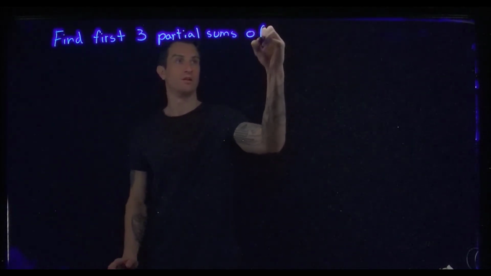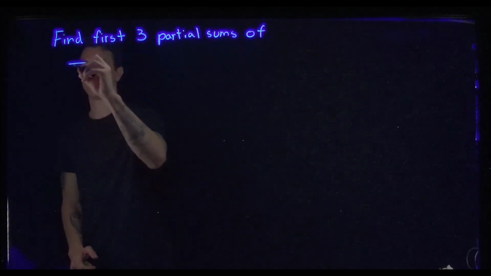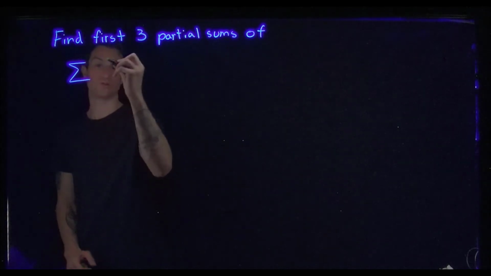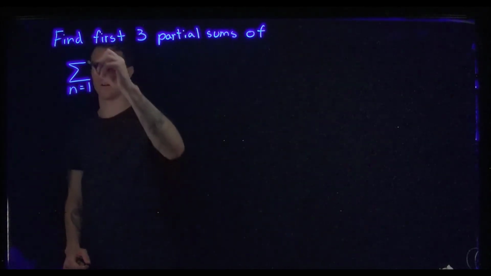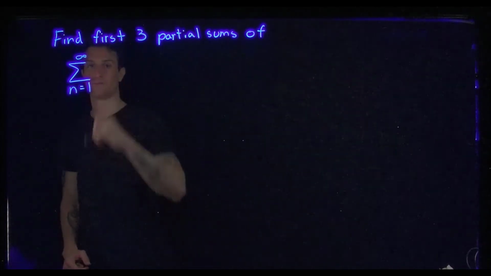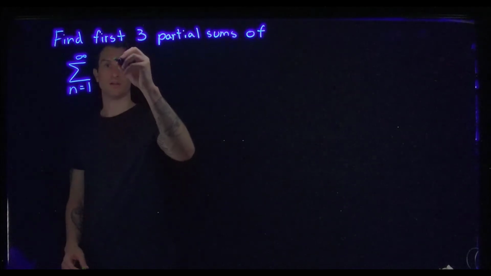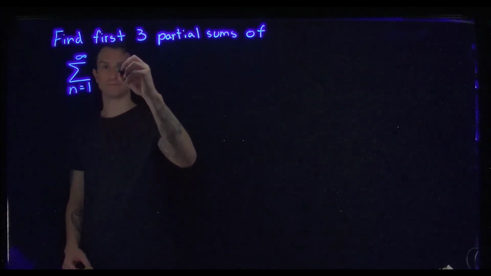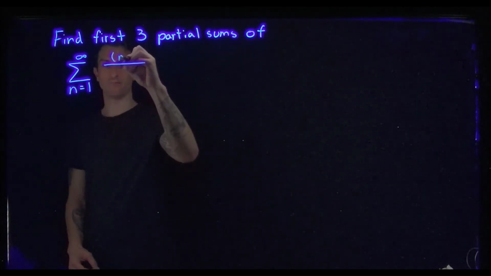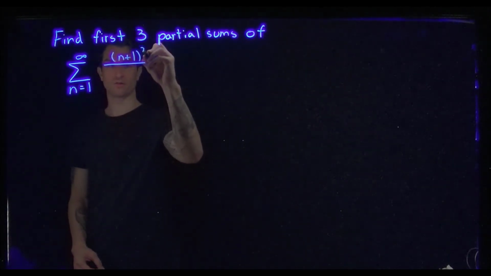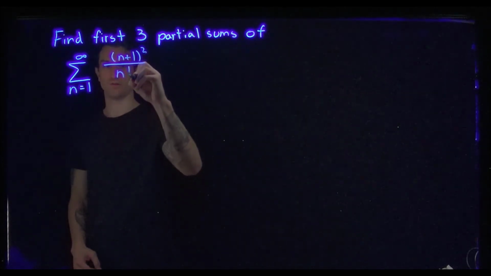of, let's do the series, the infinite series. So this is the sum. We'll start at 1 this time, so I don't mess up any syntax here. 1 to infinity. And let's go ahead and we'll do n plus 1 squared, and we'll do n factorial.